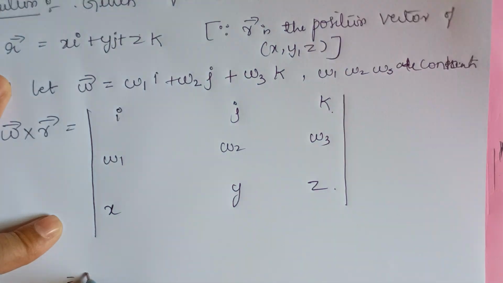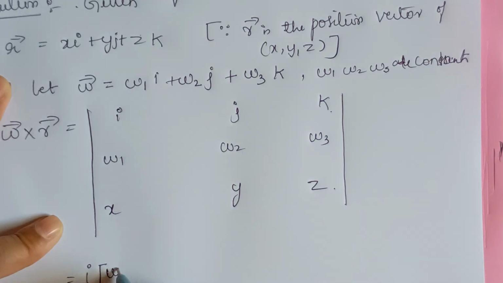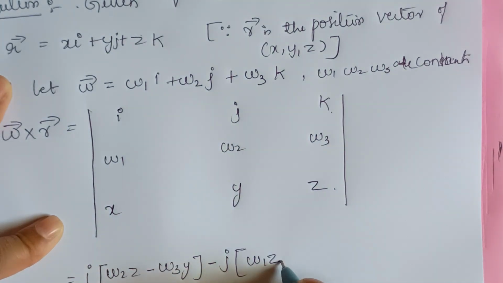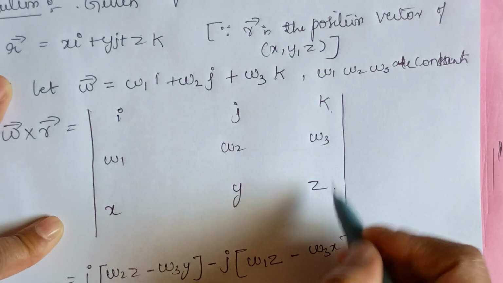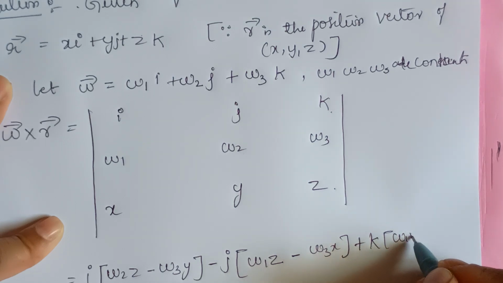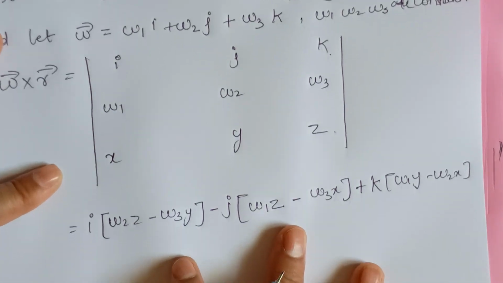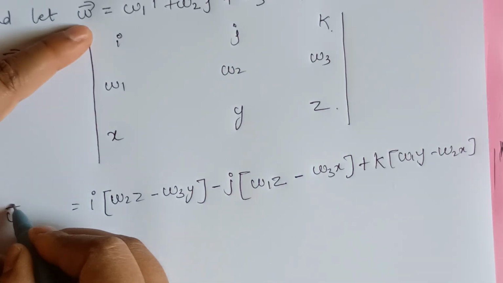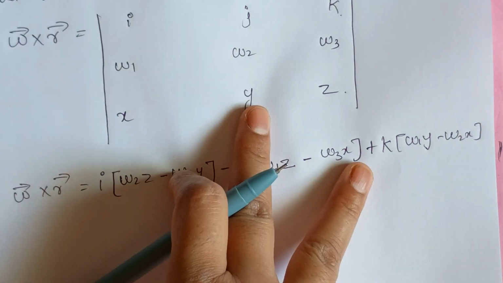Expanding the determinant: w2z minus w3y, minus j times w1z minus w3x, plus k times w1y minus w2x. I'm assuming that you know how to find the determinant. So this is vector w cross vector r.